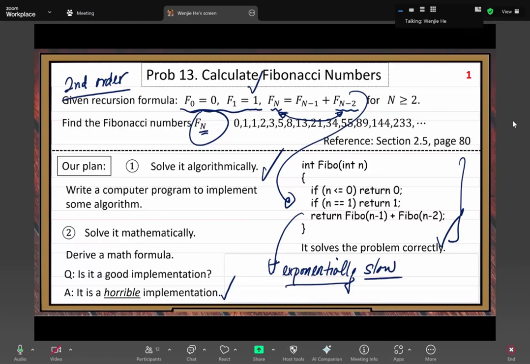Exponentially slow. That means the efficiency function is an exponential function.